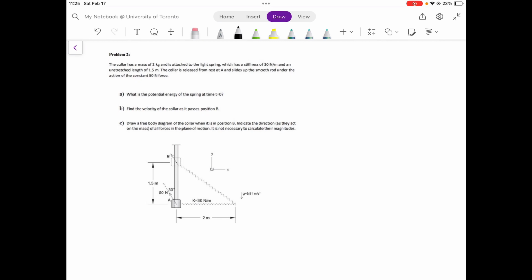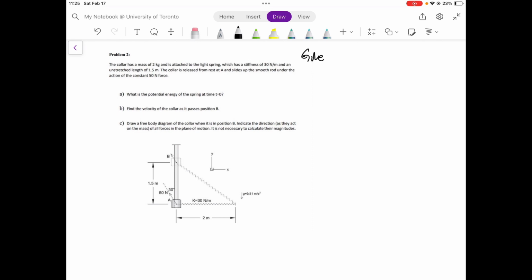Question number 2. The collar has a mass of 2 kilograms and is attached to the light spring, which has a stiffness of 30 Newton per meter and an unstretched length of 1.5 meter. The collar is released from rest at A and slides up the smooth rod under the action of the constant 50 Newton force.